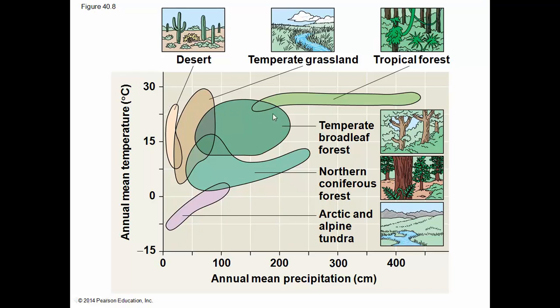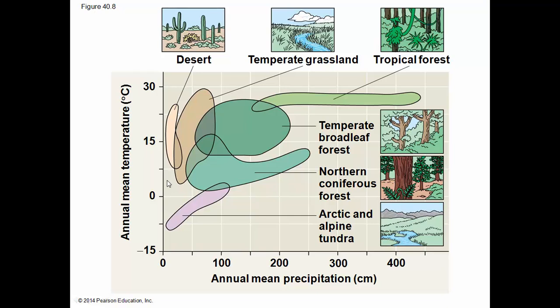All right, so between this temperature parameter and between these mean precipitation parameters, that's where you've got your temperate broadleaf forest. And then a little bit colder than that, you've got your northern coniferous forest. And then colder than that with less precipitation, you get the Arctic and alpine tundra.